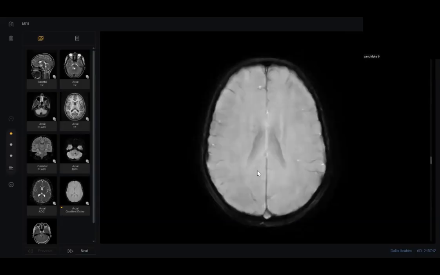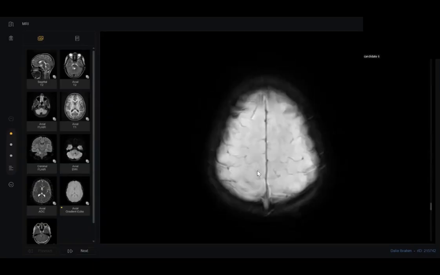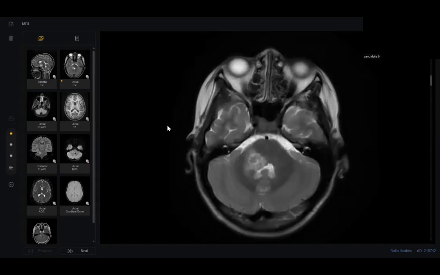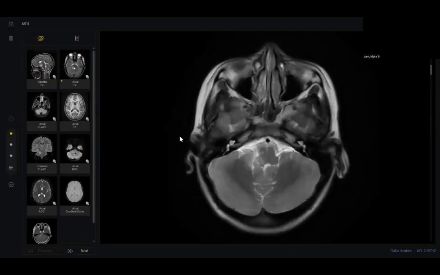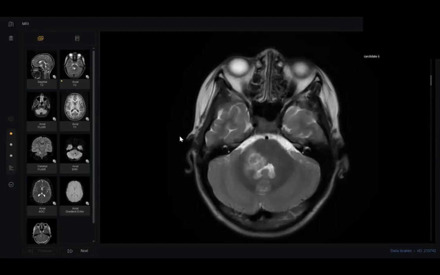What is the differential point between tuberculoma and the others in the brain? Look here. What is it, T2? Excellent. What does it have in the center? Center hypointensity with peripheral hyperintensity. Yes, this is very characteristic of tuberculoma.